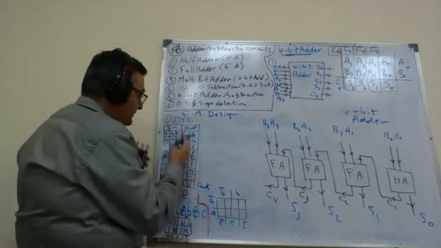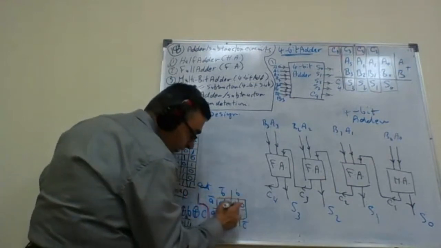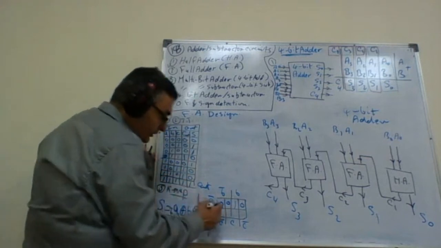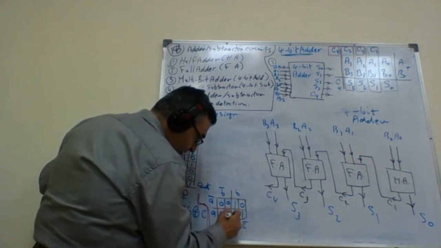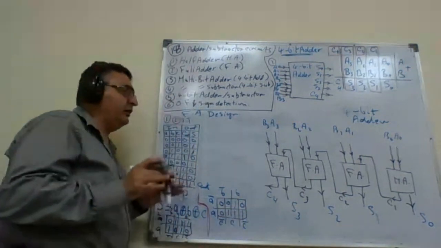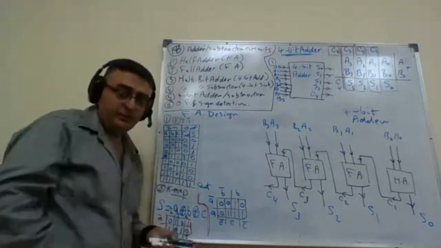Can I fill it? Yes. 0, 0, 0, 1, 0, 0, 0, 1. Pay attention to the order. And 0, 1, 1, 1, 0, 1, 1, 1. Okay? Then the regular K-map simplification.